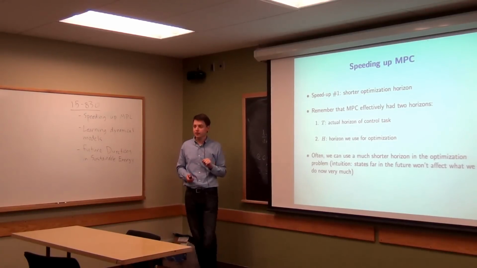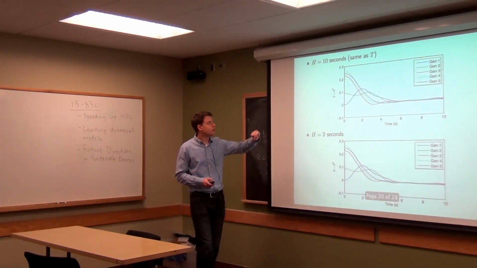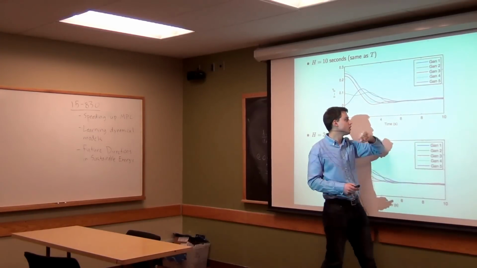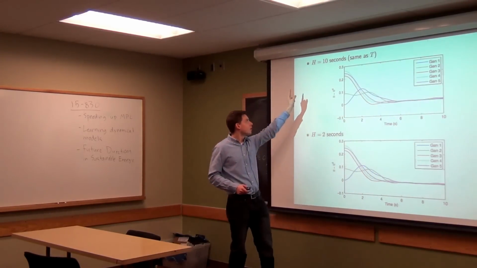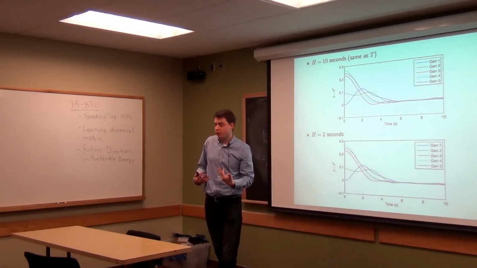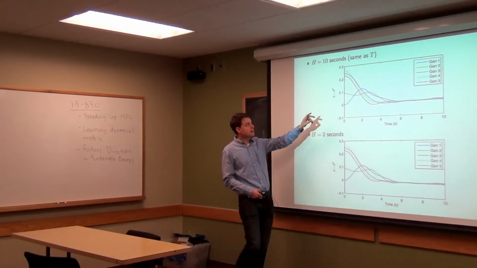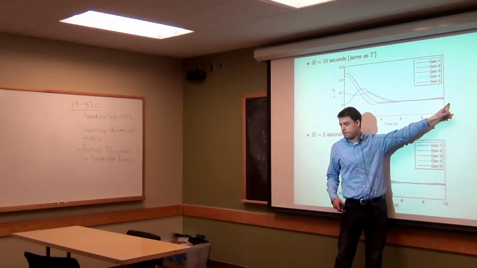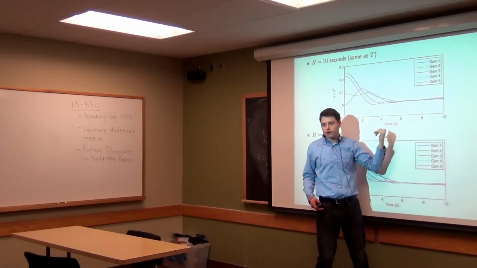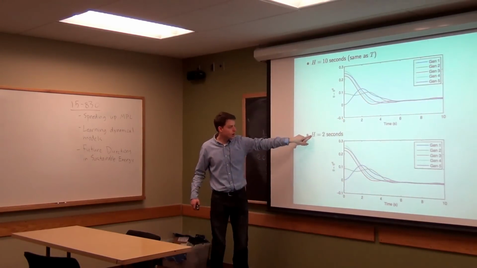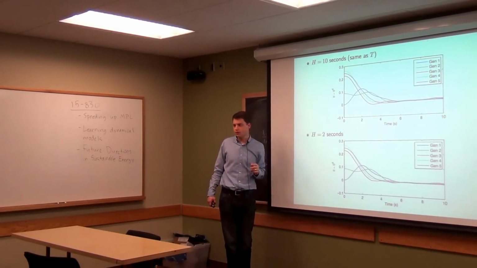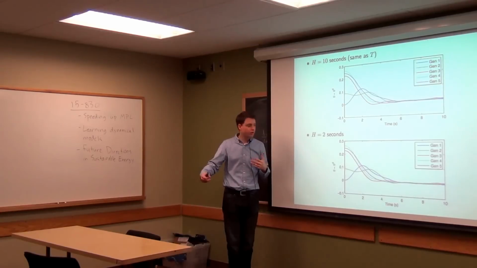So let's see what this looks like. So here is our control. This is what happens in our control problem when we use the internal MPC horizon the same as the actual control horizon, same as t. So it looks pretty good, right? Here, we're going to use an internal time horizon of 2 seconds, so 1/5 the amount of the true control horizon.